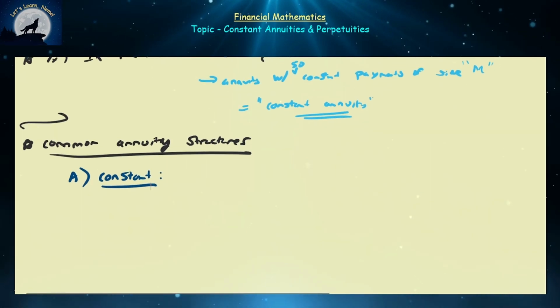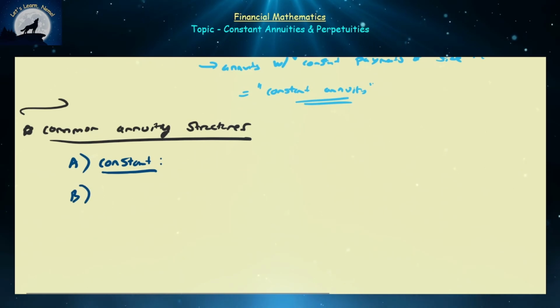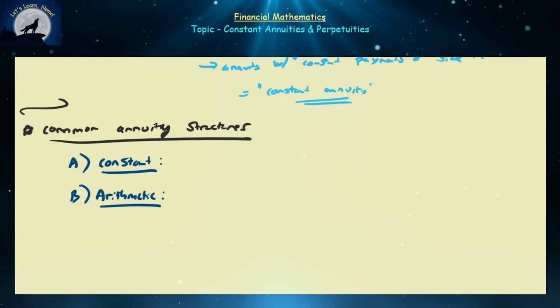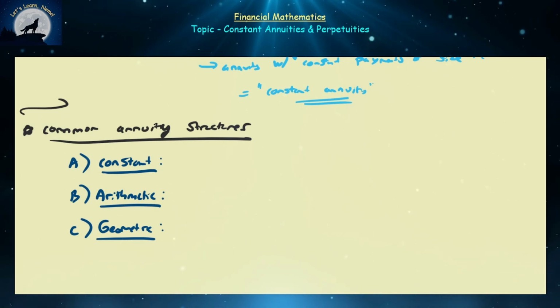Another type is called an arithmetic annuity. And another is a geometric annuity. There's a few other common variations, but we'll discuss them at a later time, because these are the primary three that are commonly used.